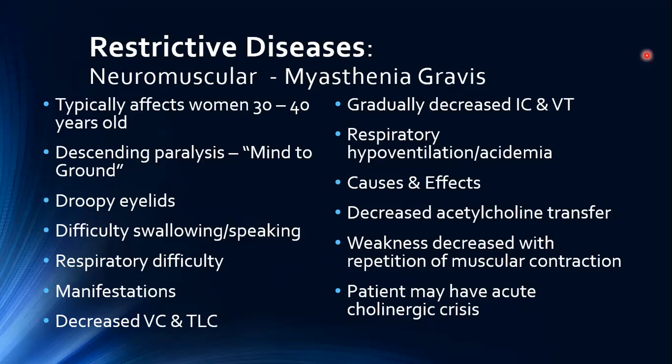What medicine that you give as a respiratory therapist blocks acetylcholine? What is the specific medicine? Because if they're on that medicine, I might need to stop giving it because of this myasthenia gravis.